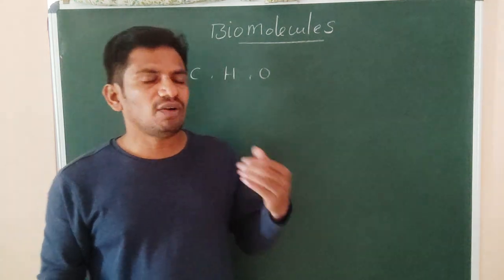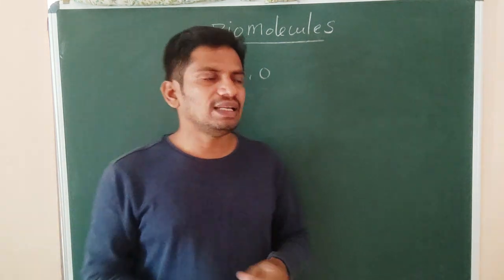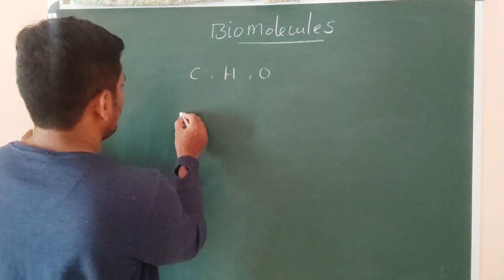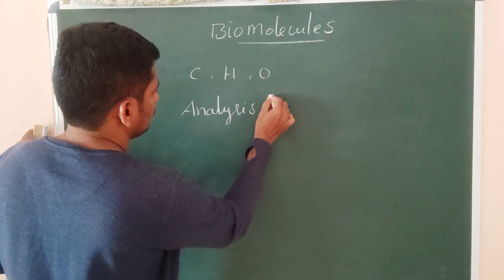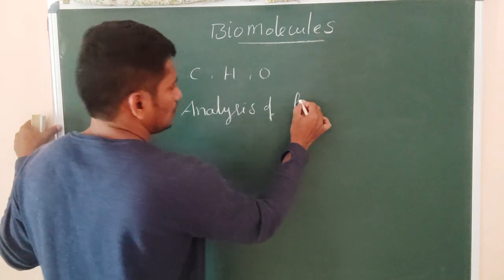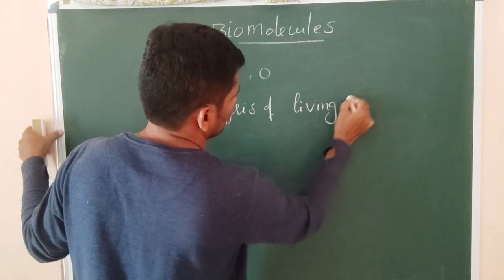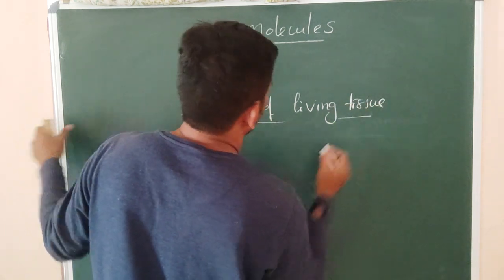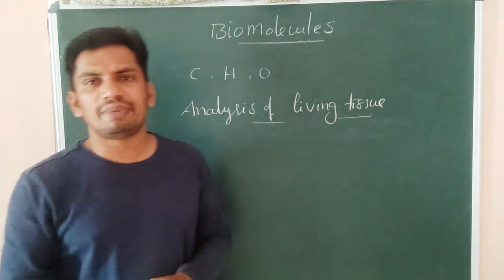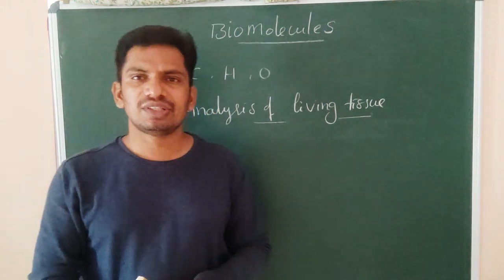For that, we have to analyze the living tissue or the living matter. Analysis of living tissue. Then we come to know what compounds or components are present in the living tissue.